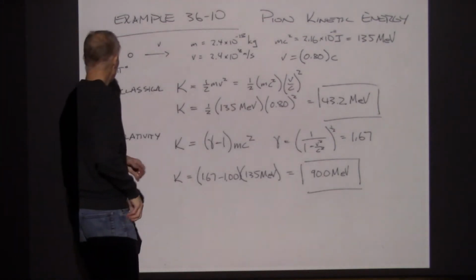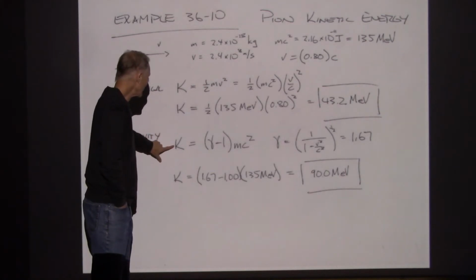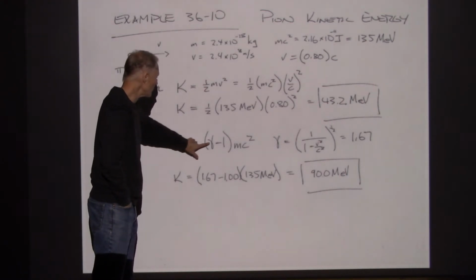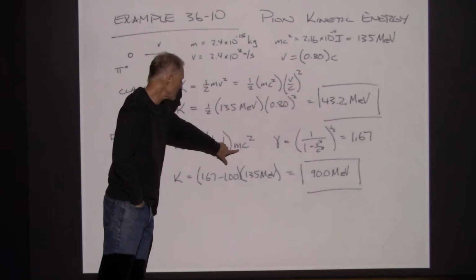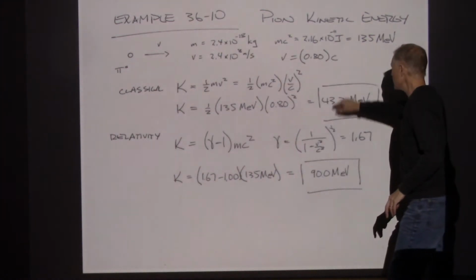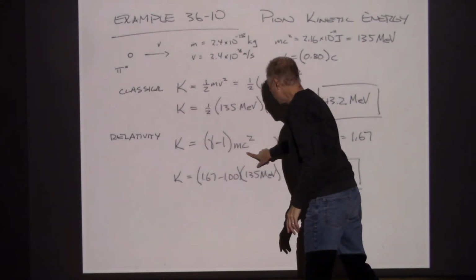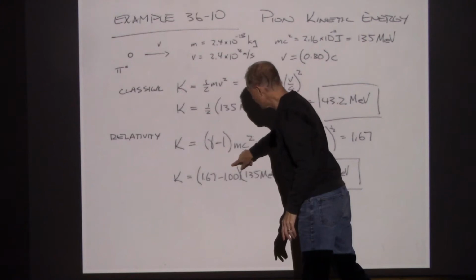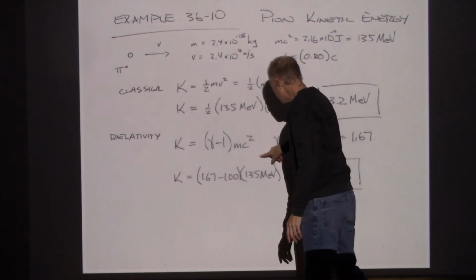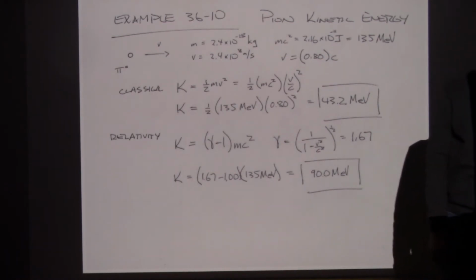Let's see what relativity says the actual number is. The actual kinetic energy at that speed would be gamma minus 1 times mc squared. The gamma value calculated from here is 1.67. Using the formula for kinetic energy, 1.67 minus 1.00 times mc squared, the kinetic energy is actually 90 MeV.